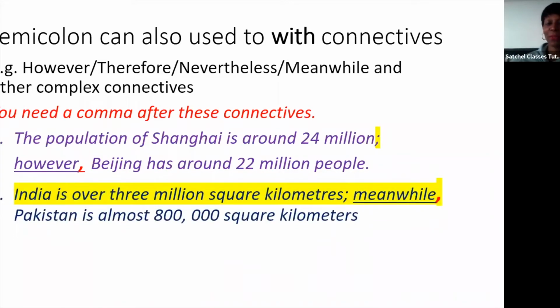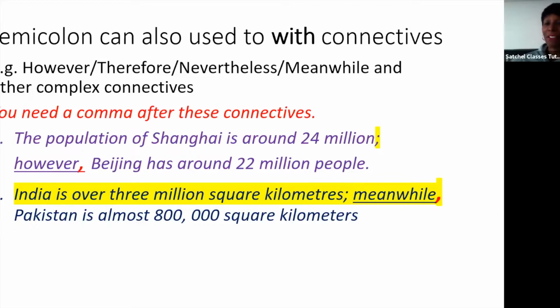Here's another example. India is over 3 million square kilometers; meanwhile, Pakistan is almost 800,000 square kilometers. So you can see the semicolons used to connect ideas to show that they are interrelated.